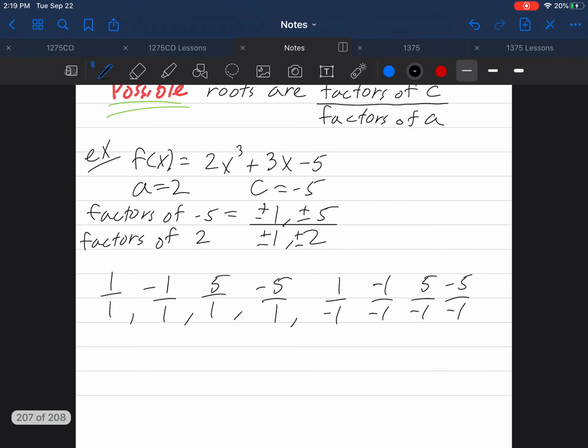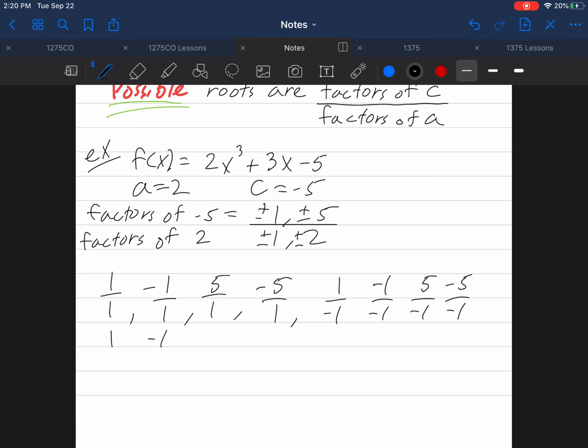So this is all of the possibilities of these four numerators here, 1, -1, 5, -5, over these two denominators here, +1 and -1. Now we have two more denominators to worry about. That's a +2 and a -2. So let's look at the +2 first. We have four different numerators.